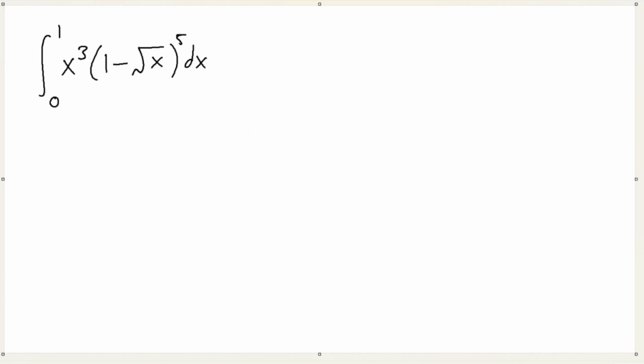Okay. With this integral, we can clearly see that we just need to let u equal square root of x. And now this would give us 0 to 1. So we know we're going to have to use a 2u. But then, let's see, u to the power of 6, so this would be to 7.